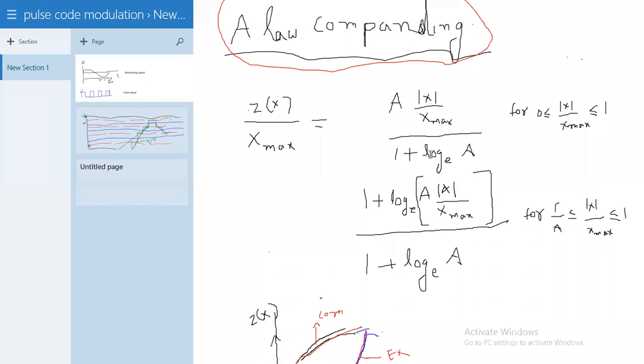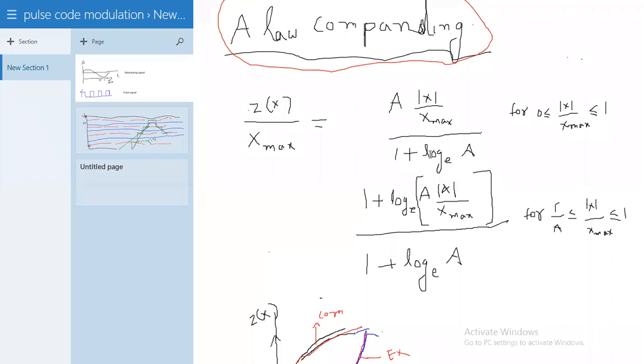Non-uniform quantization. Very good. So compounding consists of two words. What are they? Compression, expansion. Compression is used at the transmitter section or the receiver section?